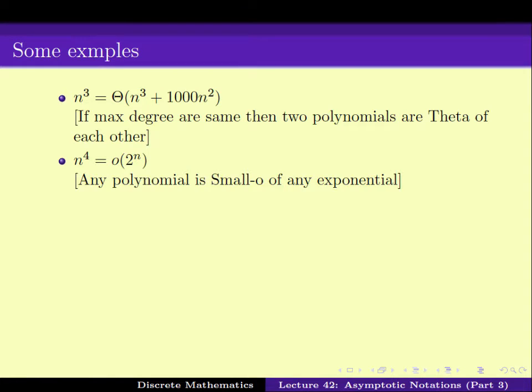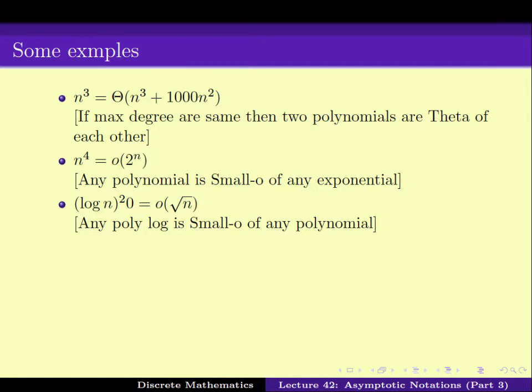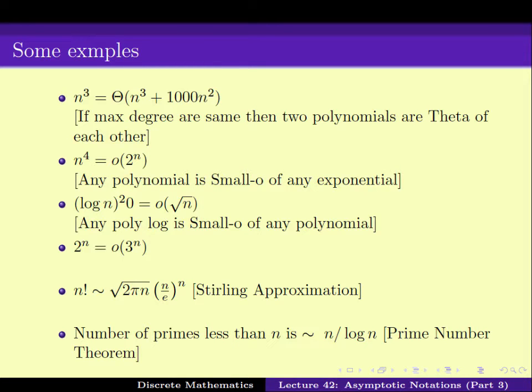Similarly, a polynomial is always small o of the exponential. A polylog is always small o of any polynomial. 2 to the power n is small o of 3 to the power n. And we also looked at two asymptotic approximations of two useful things, particularly this first one, which is n factorial is asymptotically equal to square root of 2 pi n times (n by e) to the power n.